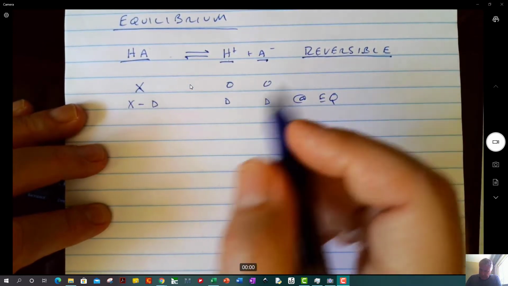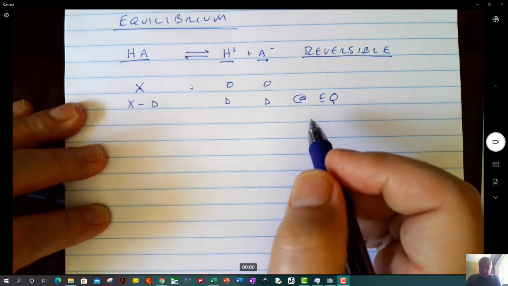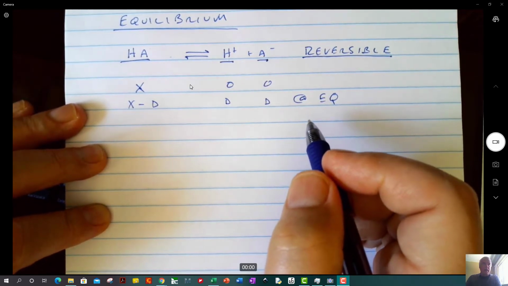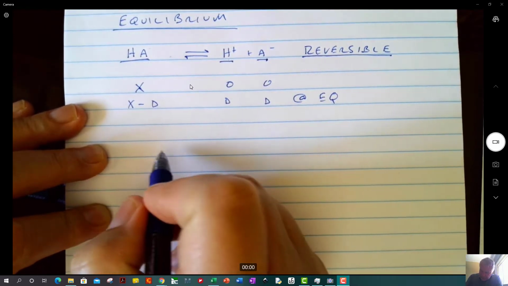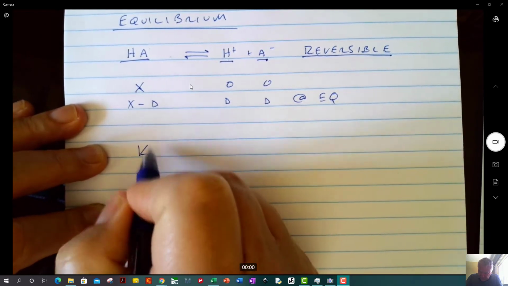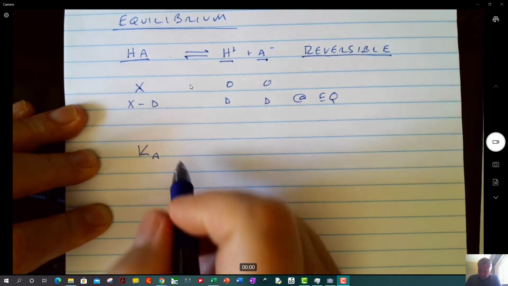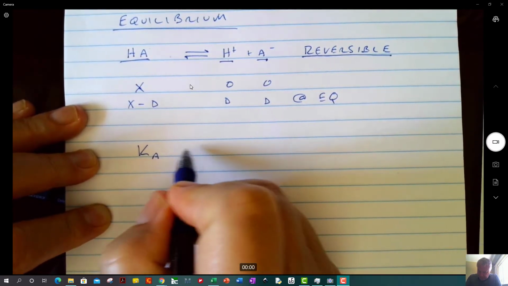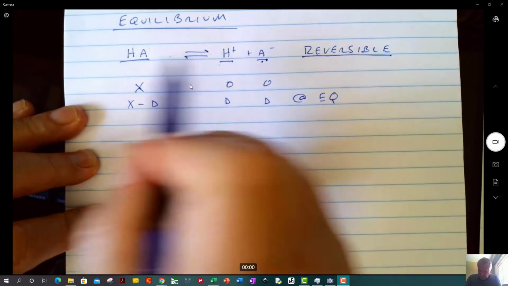Now another thing about equilibrium that's kind of cool here is that it's governed statistically by a simple formula. The simple formula is that there's an equilibrium constant. We could say here Ka, an acid dissociation equilibrium constant. And that will equal the products over the reactants.